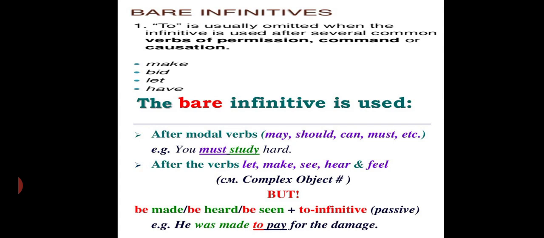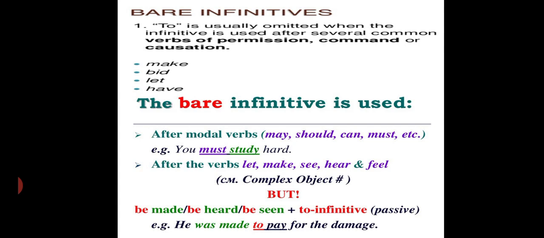After modal verbs, modals like may, should, can, must, etc. For example, you must study hard. Here you see I am using the word study after the modal must, and we do not require to say you must to study hard.